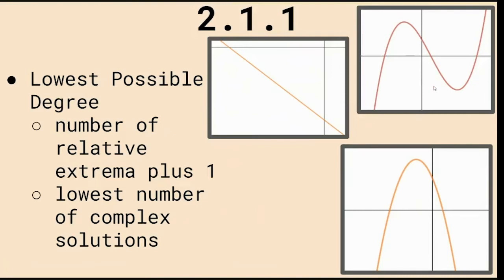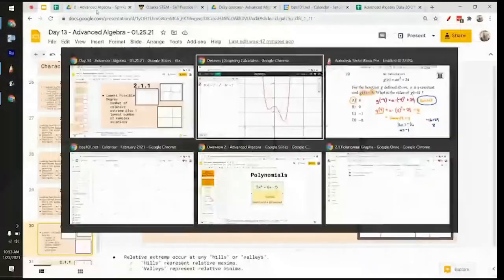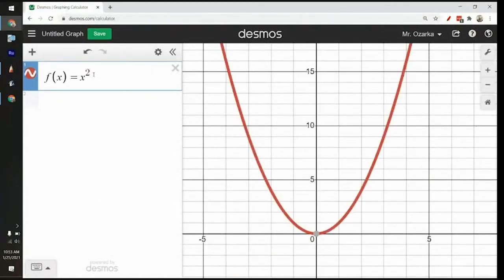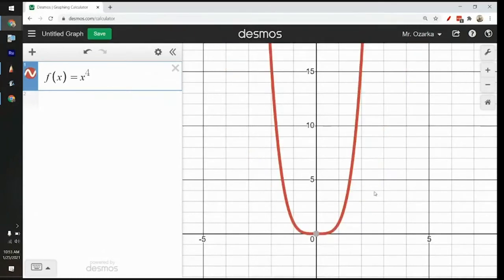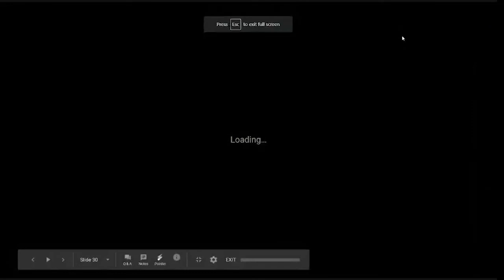The reason why I wrote lowest possible degree is the following. Let's go back to this thing right here. You could have it where it's like x squared, like this. There's 1 hill, so you go up, it's x squared. But x to the 4th, there's still only 1 valley. There's 1 valley on this one, even though it's x to the 4th. So that's why it says lowest possible. It could be higher, but we can't possibly know that.